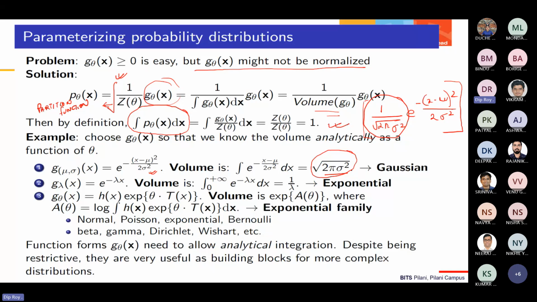It is because we have taken the integral of g of x. All right. Similarly, we can do the same for the exponential also. I'll not go into it.